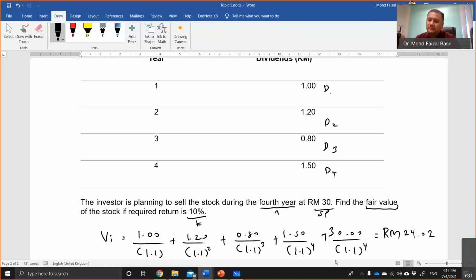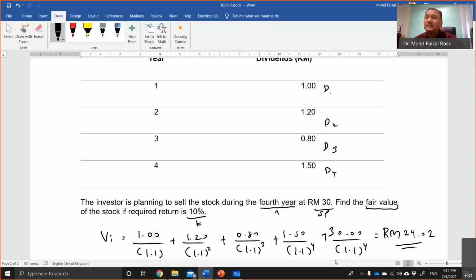Okay, clear. Got the same as 24.02. So we agree this is the answer, 24 ringgit and 2 cents.